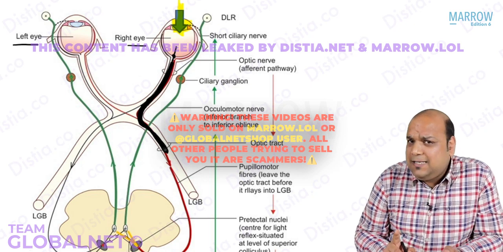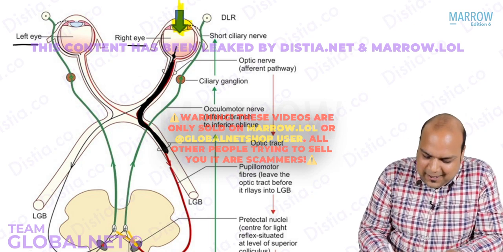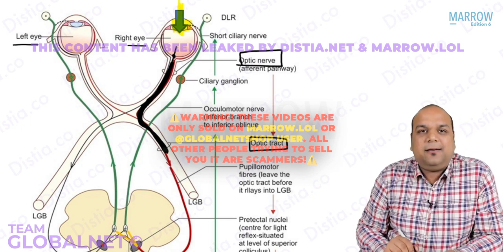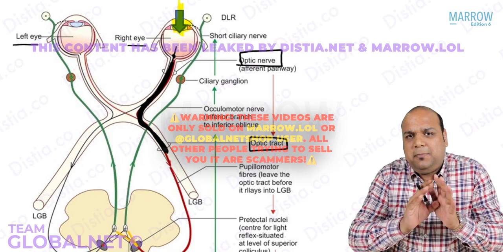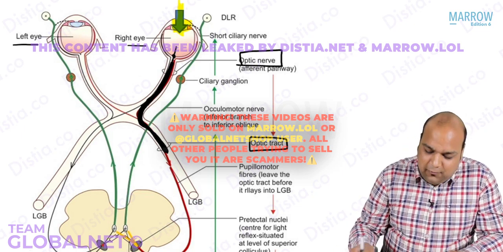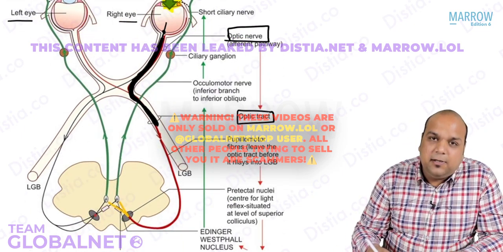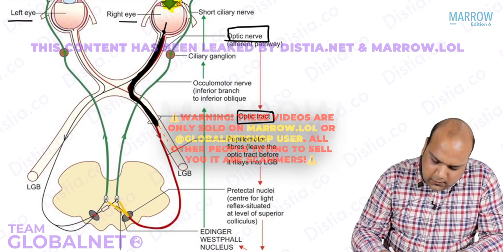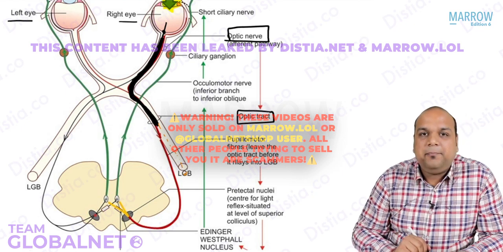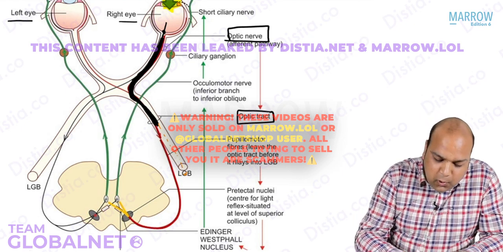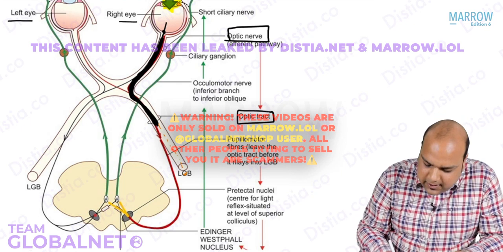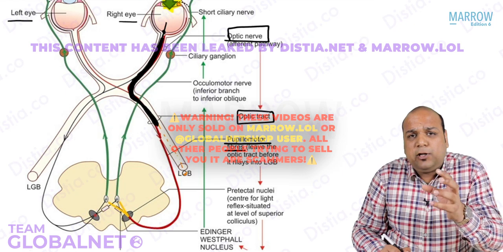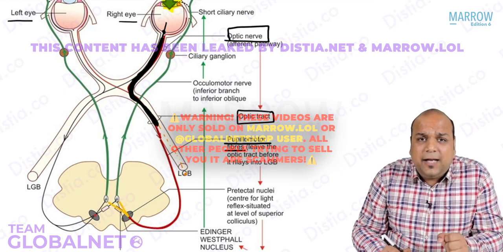So till now we see similarity with the visual pathway, everybody. Optic nerve, optic chiasma, optic tract. But this is where the similarity ceases to exist. From the optic tract, if we remember, the visual fibers would have gone to the lateral geniculate body. But the pupillomotor fibers, what are we calling them, everybody? Pupillomotor fibers, because they are responsible for the movement of the pupil, the constriction or the dilatation.